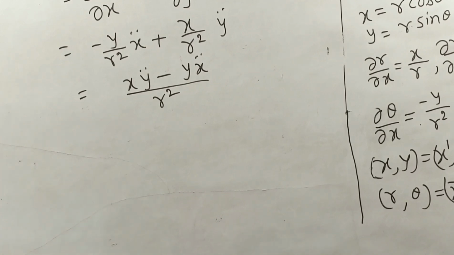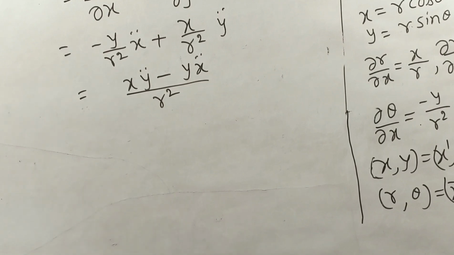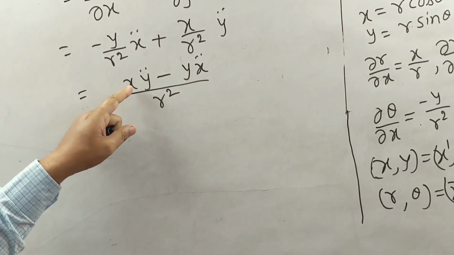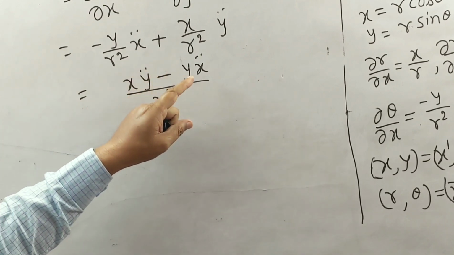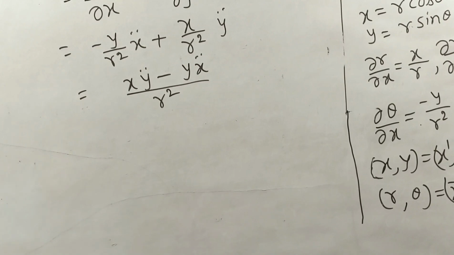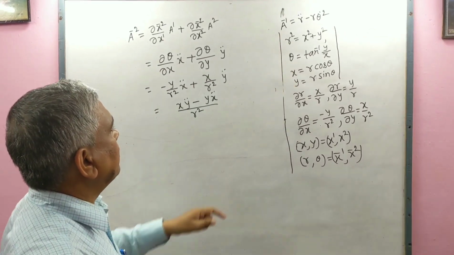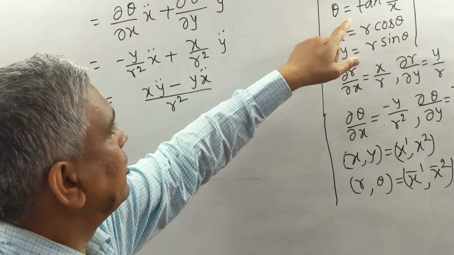Now we will find the value of x y double dot minus y x double dot. So we take help here: theta equal to tan inverse y by x.